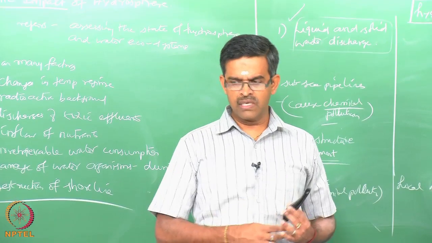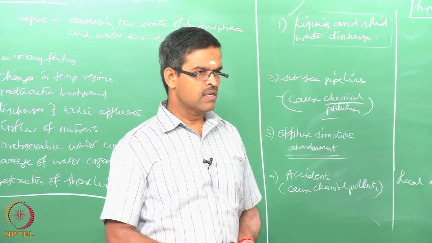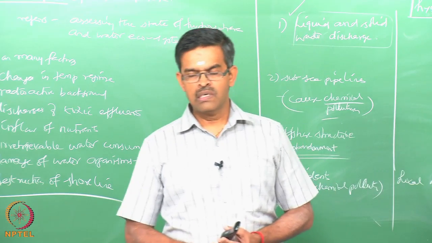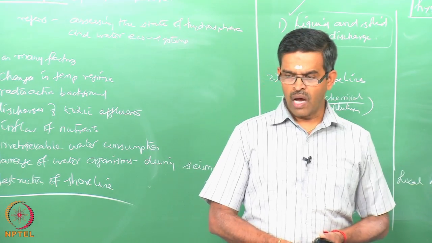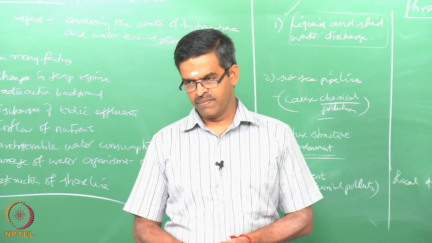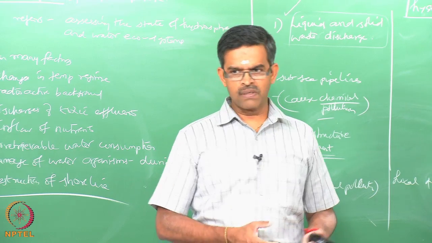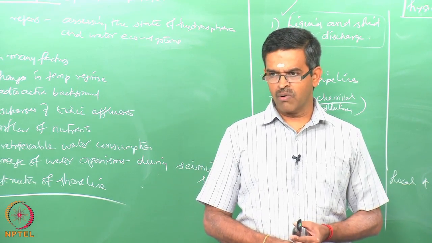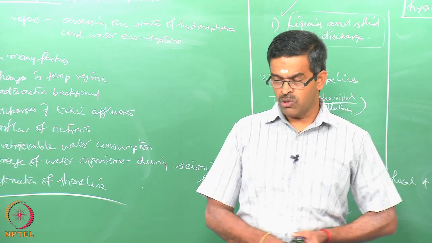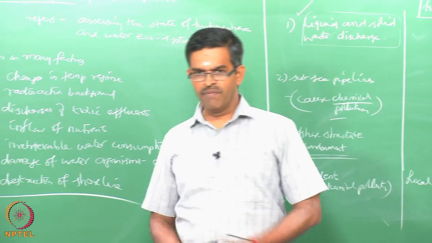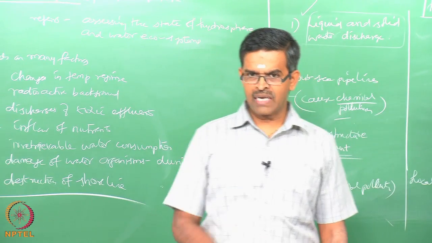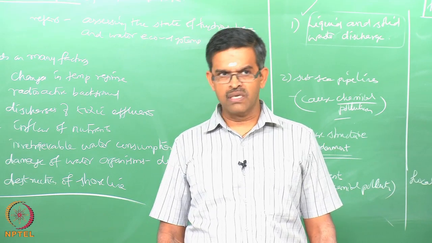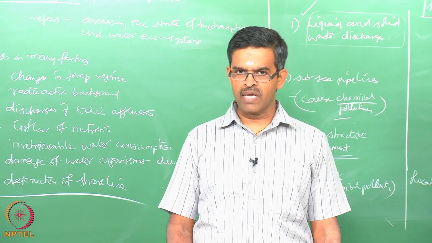We will also discuss in later part of the lectures how they can be managed, how they can be modeled, how they can be controlled, how they can be assessed, which we will discuss in subsequent lectures in this module. So, in the first module we are talking about environmental management issues. In the first lecture we just introduced what are the factors that are responsible for ecological disturbances that essentially arise from oil and gas production systems.